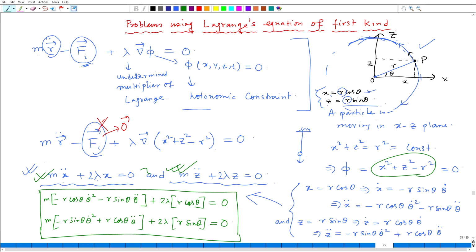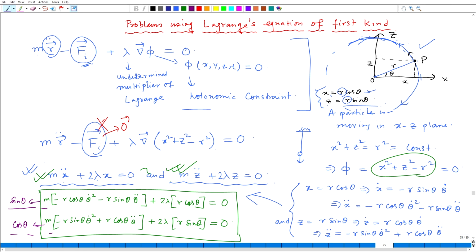What I can now do is multiply this equation by cos theta, and multiply this equation by sin theta. Then I just subtract the first one from the second one.